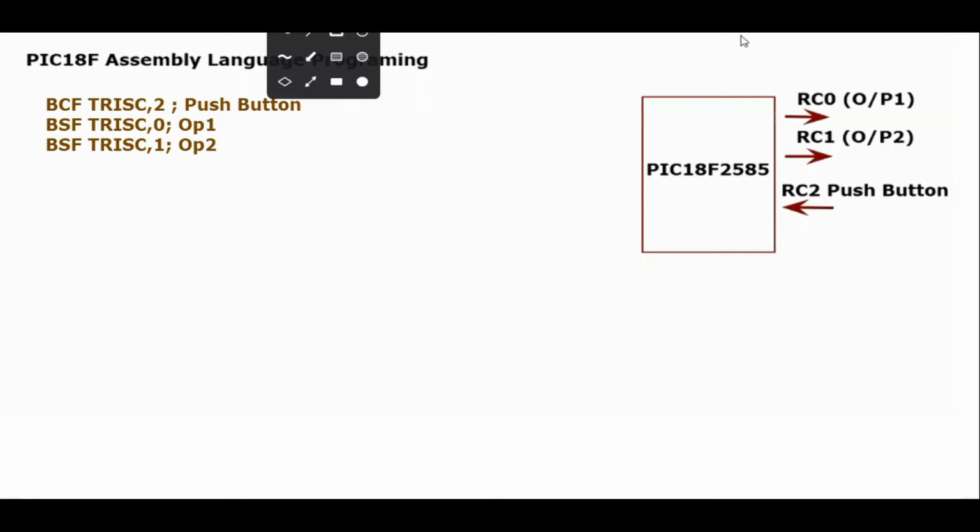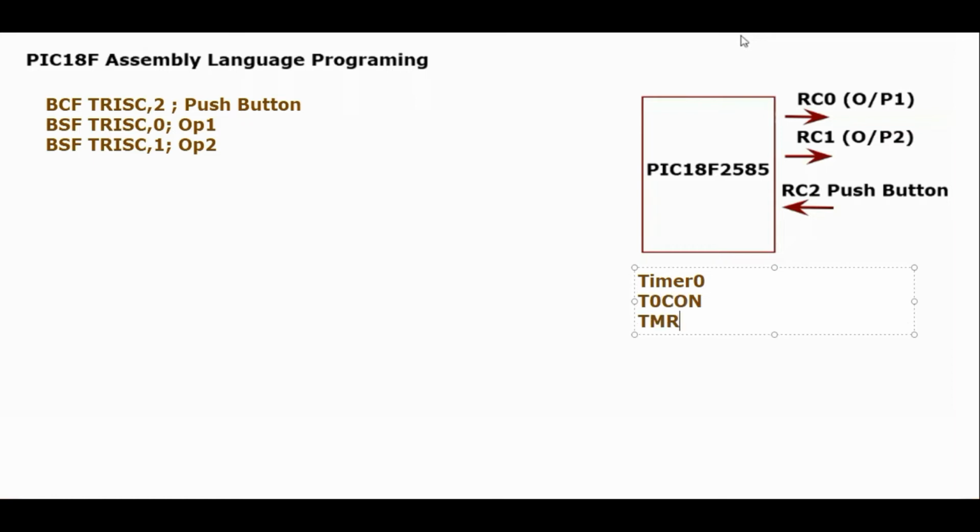There are multiple timers, but I'm going to use Timer 0 in this application. When anybody is configuring a timer, he needs to define three different registers. What are those registers? Timer 0 control, Timer 0 H, and Timer 0 L. These are three important registers in any timer if you want to configure it.